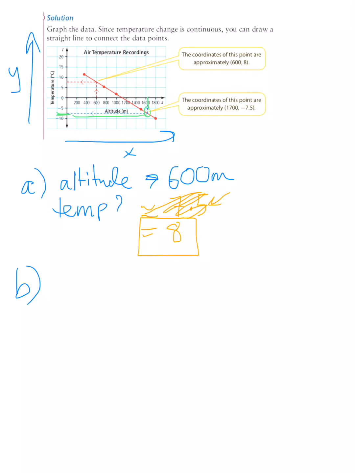It looks like it's a little bit higher than 1700 or 1600. They said it's 1700. Again, they're trying not to get you to estimate too specifically, so what the question says, when the temperature is negative 7.5, the altitude they're saying is 1700.